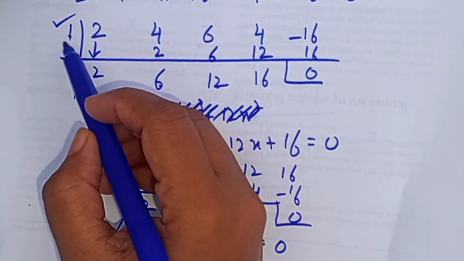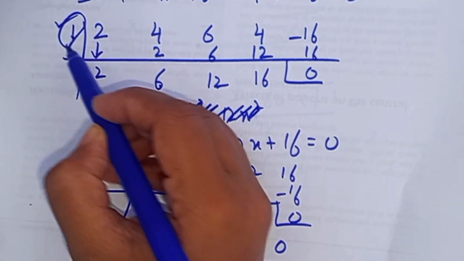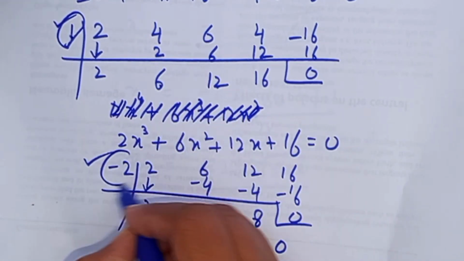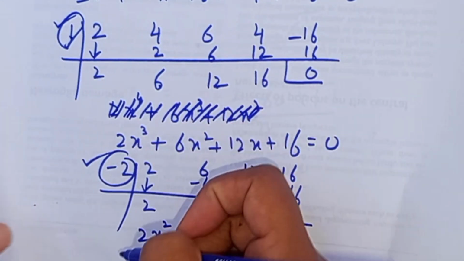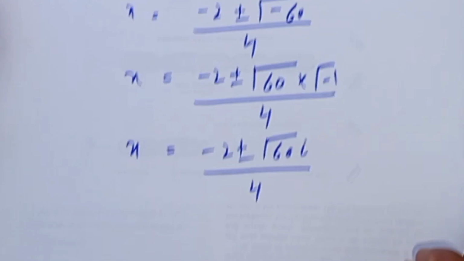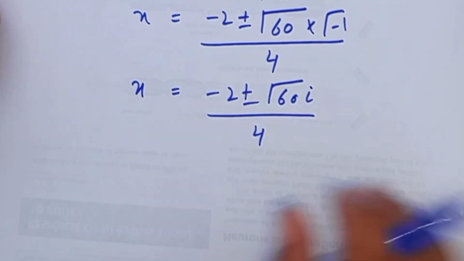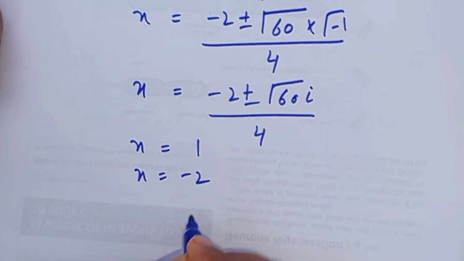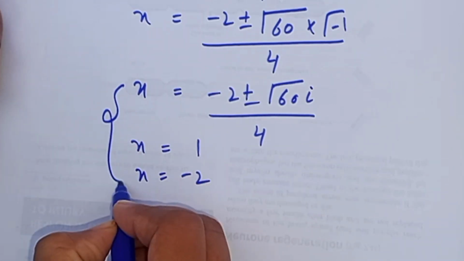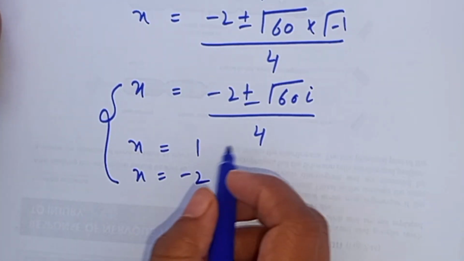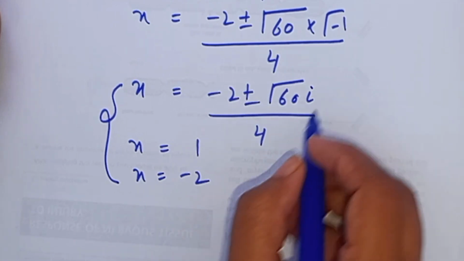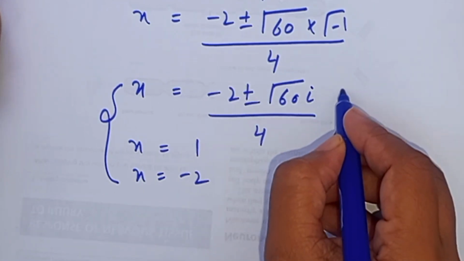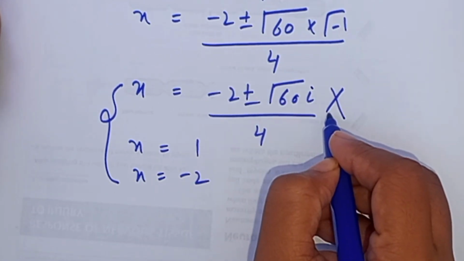So in our question, one factor is this 1, the second factor is minus 2. So we have the values of x: x is 1 and x is minus 2. So these are the values of x, but in our question it's given that m is a real number, and this one is a complex number, so we cannot use these values of x.